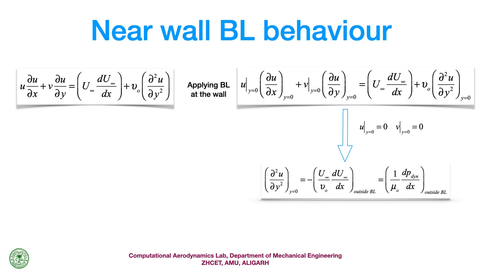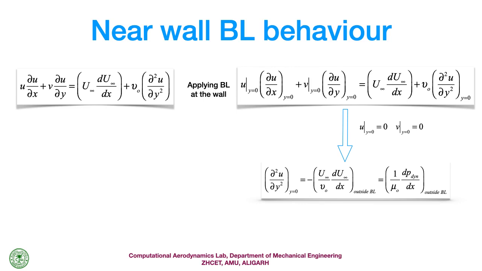Now, if I apply the same boundary layer theory, using Euler's equation outside the boundary layer, this will result in 1 upon rho times dp by dx, which is outside the boundary layer.